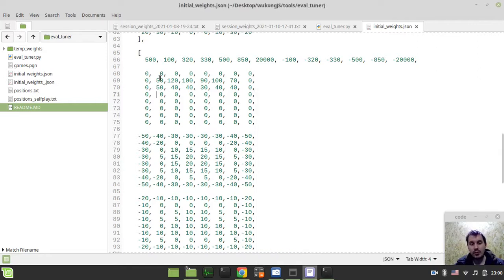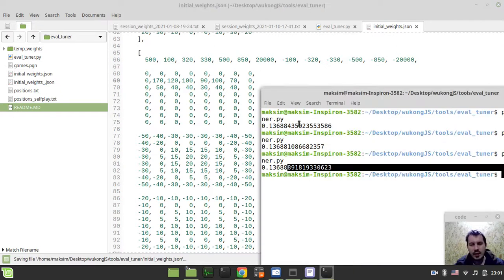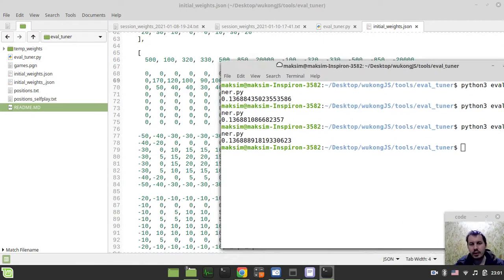So let's say I had this sort of input weights, and I've just changed this 50 to 170 because quite often promoting pawns on the queen side results in more actual queening within the game. So I had this sort of value, and now I've changed it.